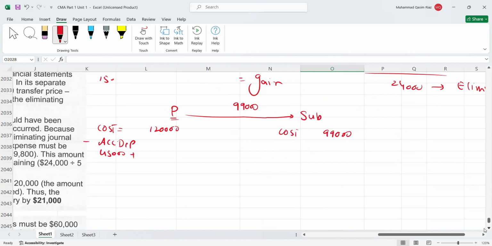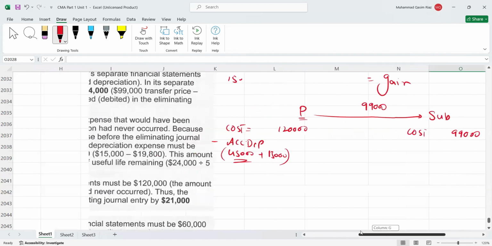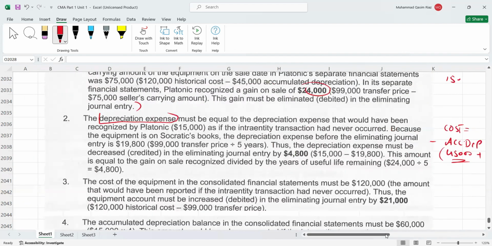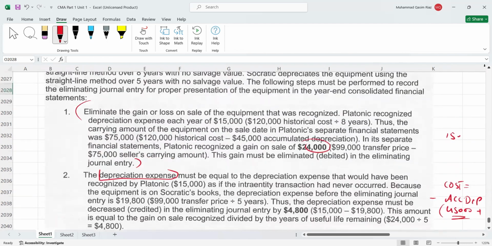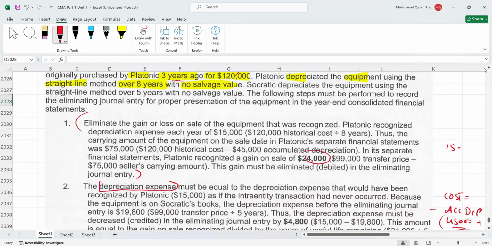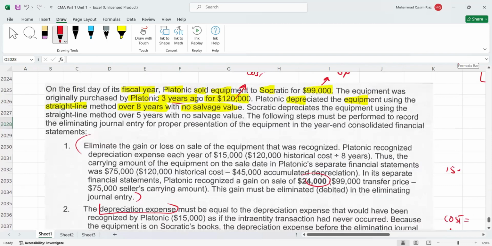Okay, 4th year. Accumulated depreciation, please, you have to remember. The accumulated depreciation will be 15,000 that you add for the 4th year, because the 45,000 was at the start of the year, since we sold on the first day of the fiscal year.